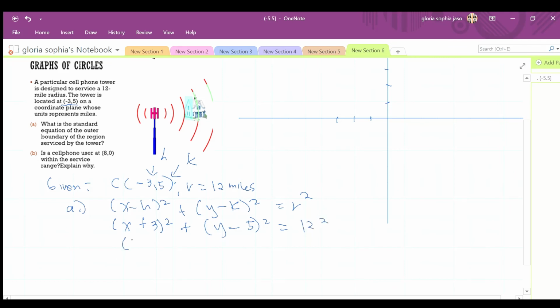To write the equation, we will just simplify: (x plus 3) squared plus (y minus 5) squared equals 144. So, this is the equation of our circle.